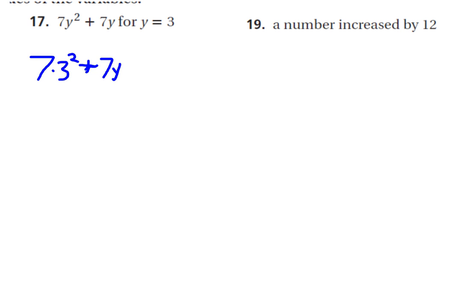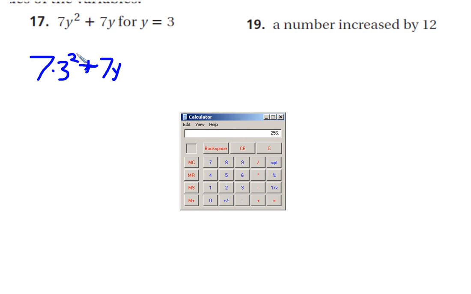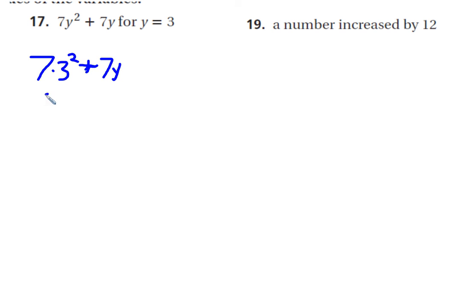So I have 9 times 7 is 63. And I do the multiplying first. 7 times 3 is 21. 7, I could put parentheses to show that I'm multiplying, plus 21. I get 84. Okay, there we go.